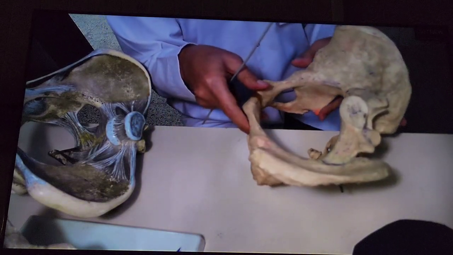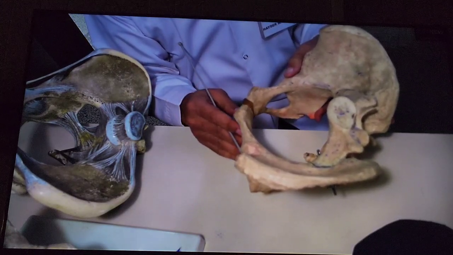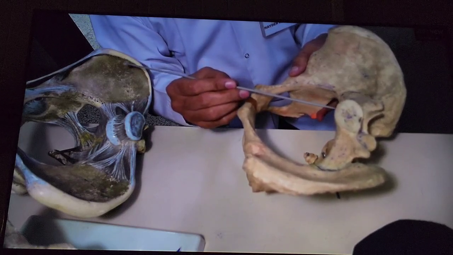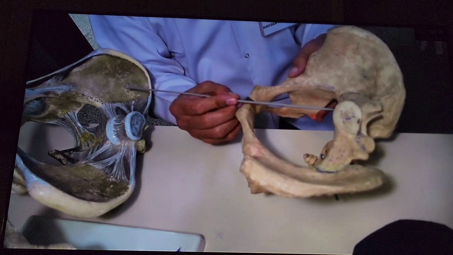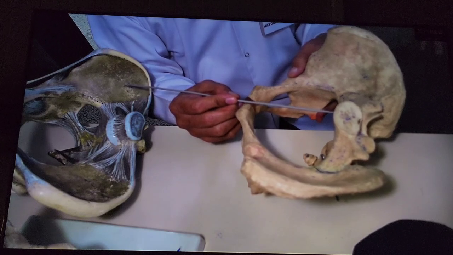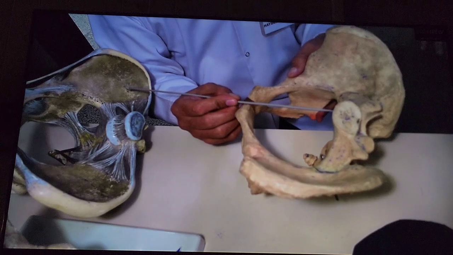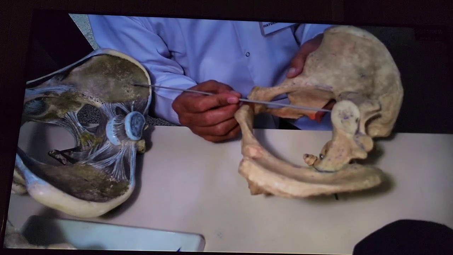The term true conjugate diameter is the same as that of the superior pelvic aperture or anteroposterior diameter. And this is from the tip of the promontory of the sacrum to the superior part of the symphysis pubis.